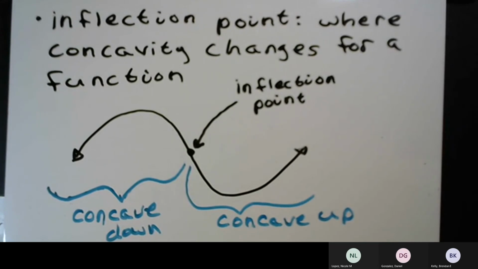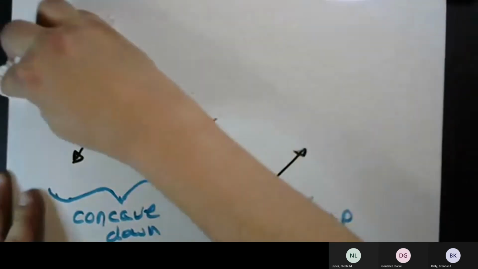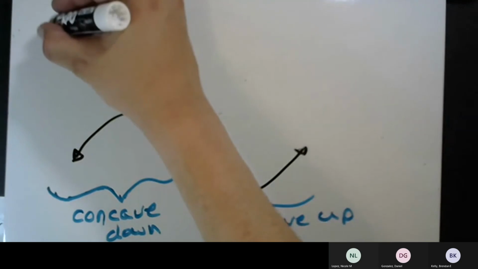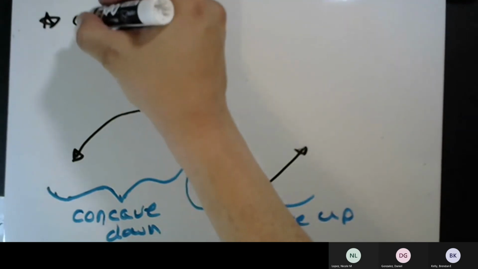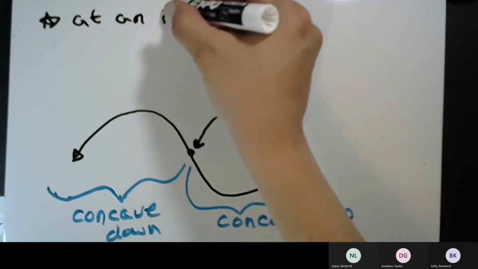And so what we can do, we can go back to the second derivative test. We can say this. At an inflection point.